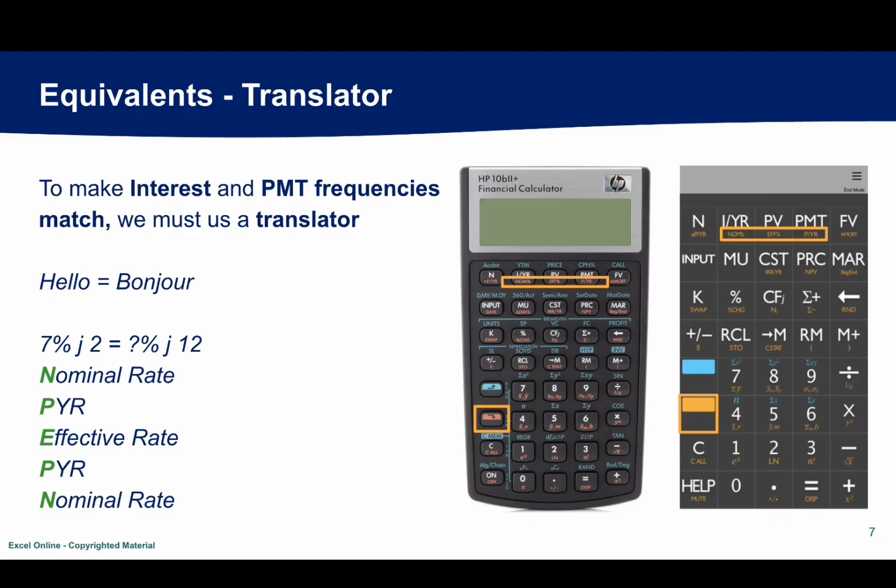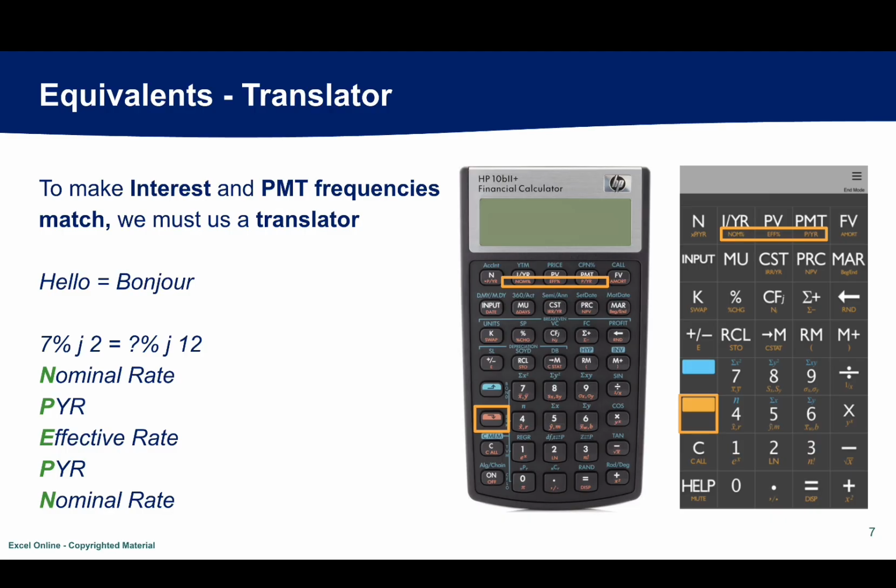In languages, we can translate the English word hello into the French word bonjour. Hello and bonjour convey the same meaning, despite their differences in spelling and pronunciation. They are equivalents. To find equivalents for rates, our translator is called NPEPN.